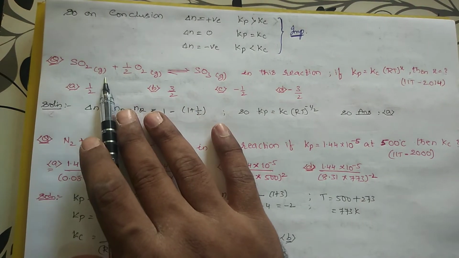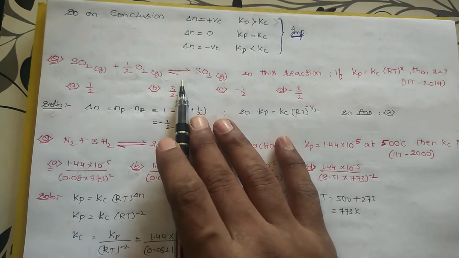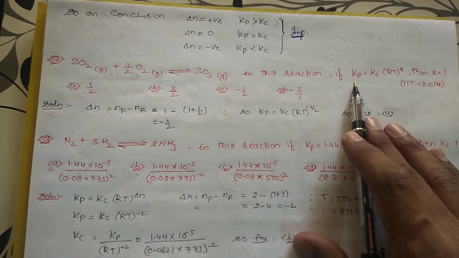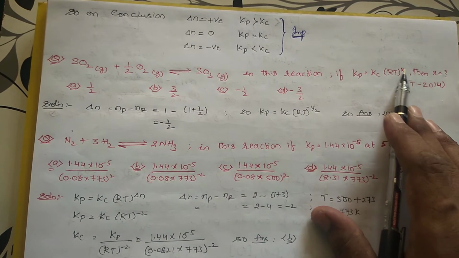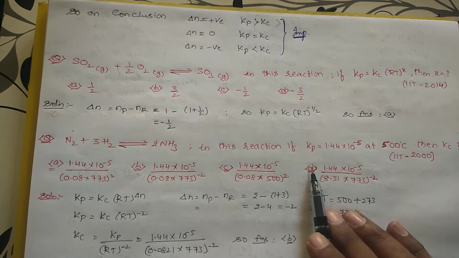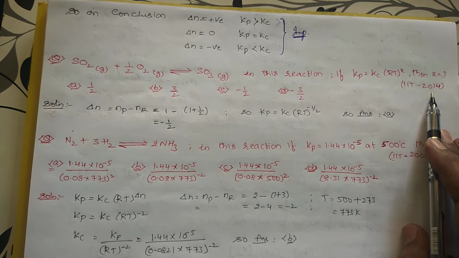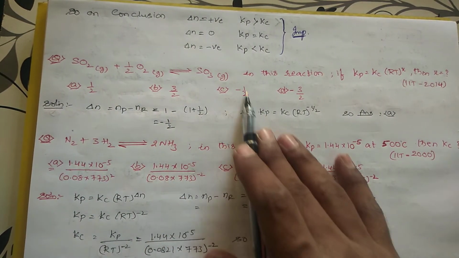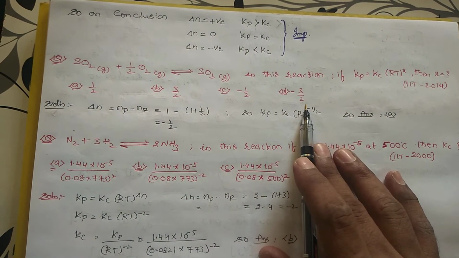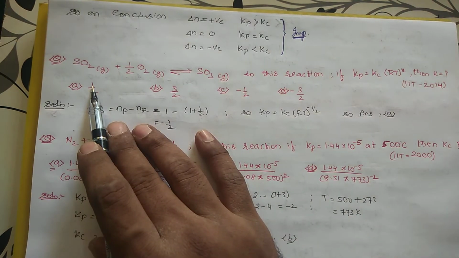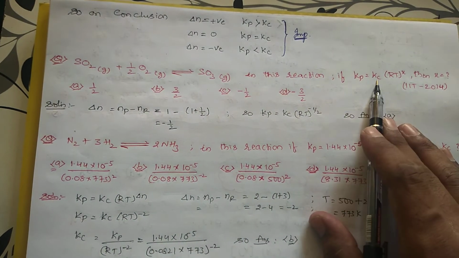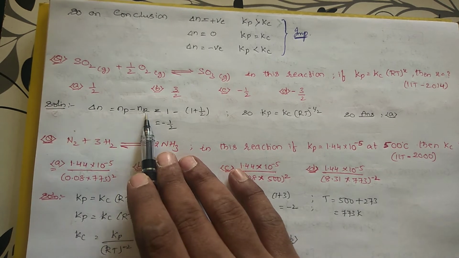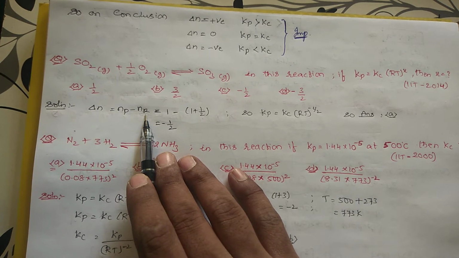SO2 in the gaseous state plus half O2 in the gaseous state is getting converted to SO3 in the gaseous state. In this reaction, if Kp is equal to Kc (RT) whole power x, then what will be the value of x? This question came in IIT 2014. A is half, B is 3 by 2, C is minus half, D is minus 3 by 2. While writing the relation between Kp and Kc, we should first calculate the delta n value: number of moles of products in gaseous state minus number of moles of reactants in gaseous state.